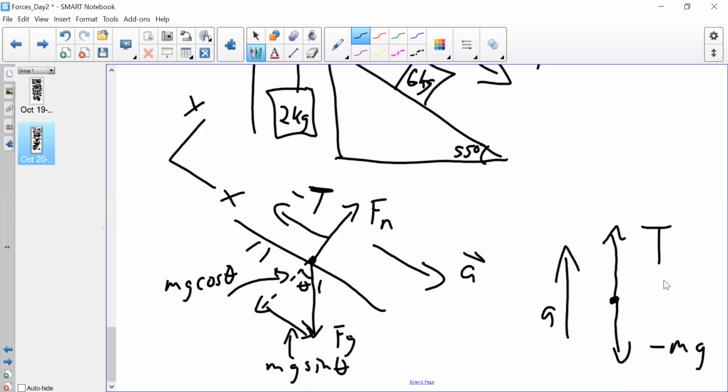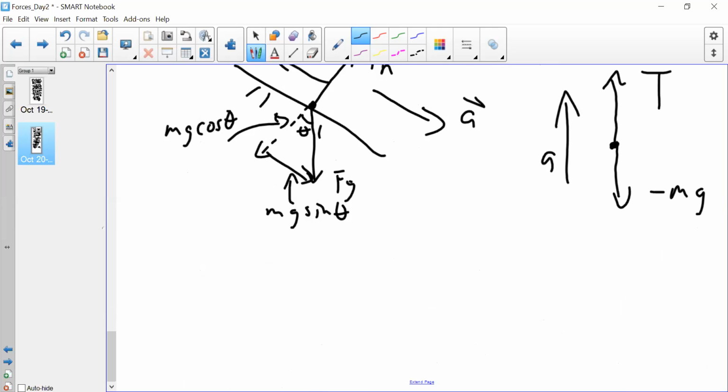Okay, so we're good with the free body diagrams for this guy and for this guy. So now what we need to do is get our equations for both. So I'm going to say Fx for the 6 kilogram mass. He has two equations of force because he has an X and a Y direction.